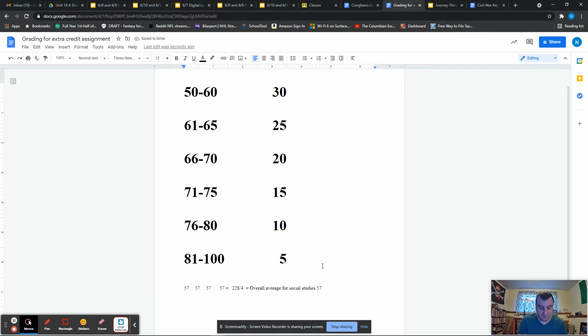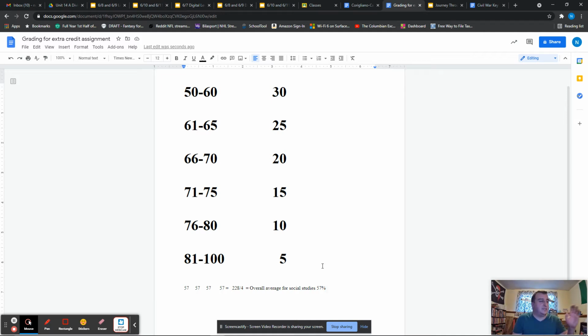So if you got 57 for the first quarter, 57 for the second, 57 for the third, and 57 for the fourth, you add those all together and you divide by 4 to figure out your average for the year. That's how you figure out your average.